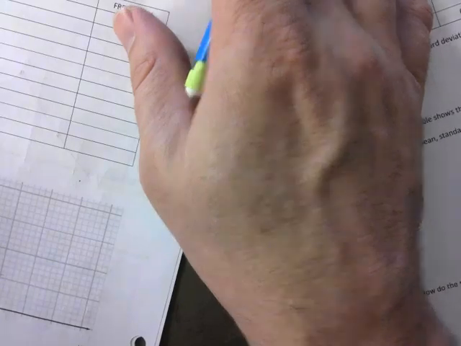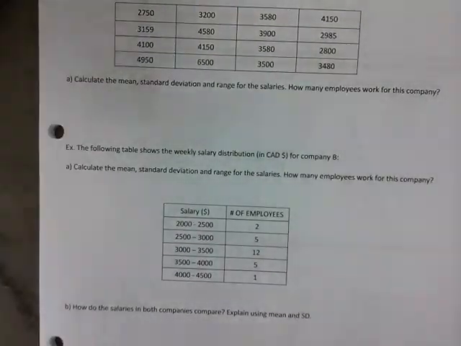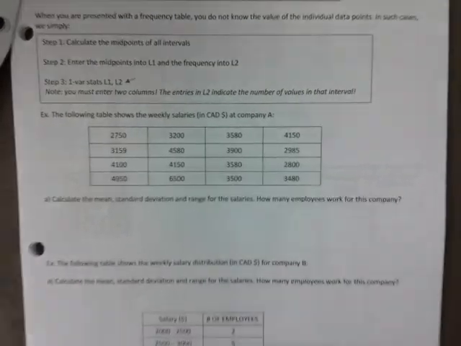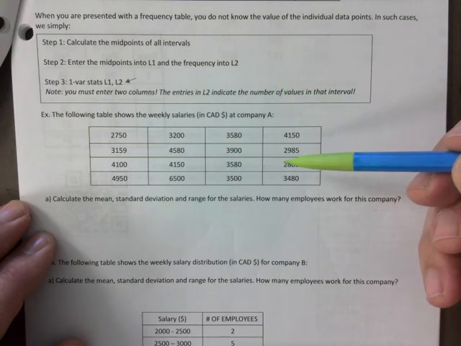Okay, it's time to practice this real quick. We're going to skip 17 for now, okay? I need you to practice this. I want you to read this page on 18.